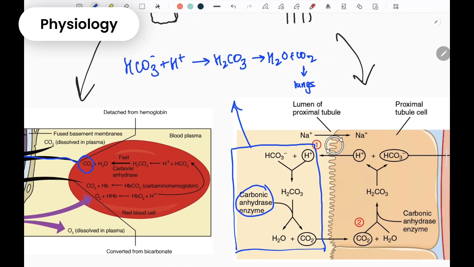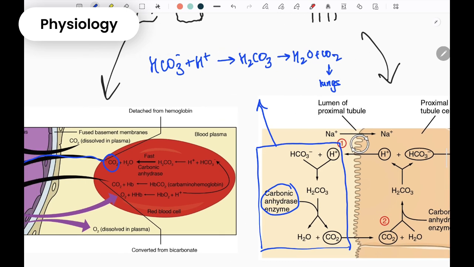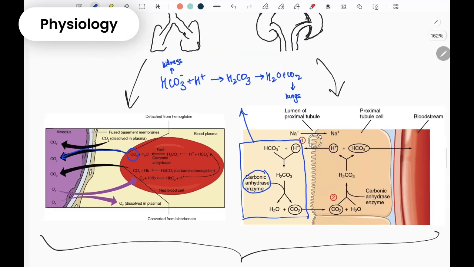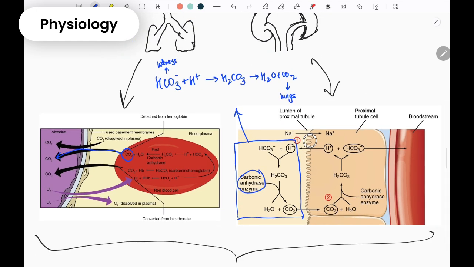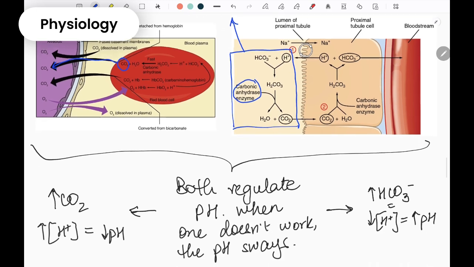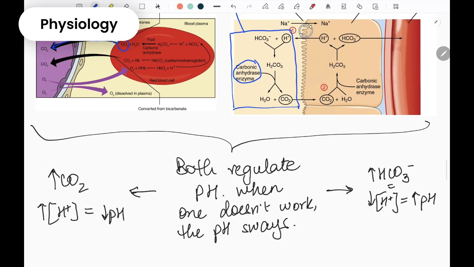Or if that isn't going to happen, we can also use the kidneys to trade in the carbon dioxide for bicarbonate, which is why we tend to see a little bit more bicarb in the blood as opposed to carbon dioxide. And that's why blood tends to be slightly basic, in order to maintain a healthy environment. So they both regulate pH.